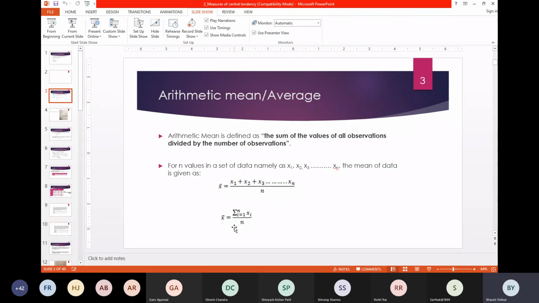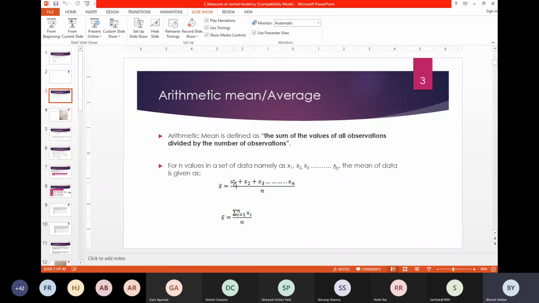It is also written as x bar equal to the summation of xi, where i is from 1 to n. The same meaning.